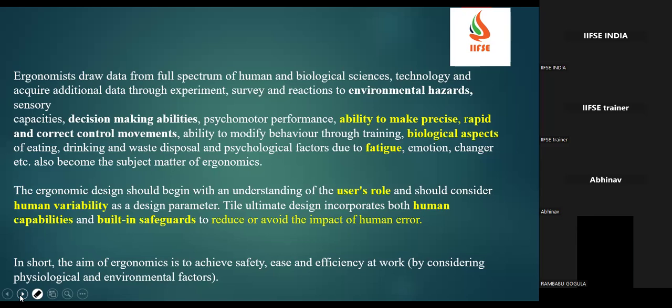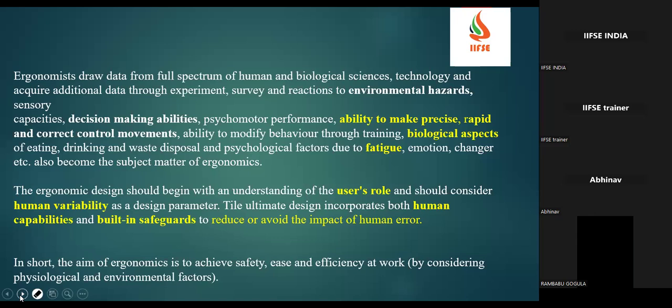The ergonomic design should begin with the understanding of the user's role and should consider human variability as a design parameter. A sound ultimate design incorporates both human capabilities and built-in safety guards to reduce or avoid the impact of human errors. It means the design should begin with the understanding of the user's role. So what is the role of the user? Or if it is a machine, what is the role of the operator? And also it should consider human variability as a design parameter.